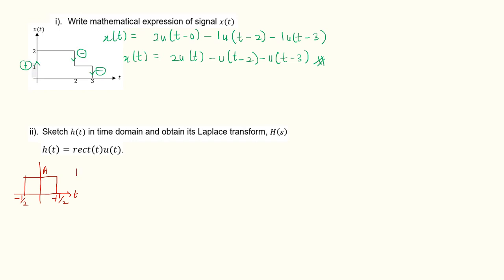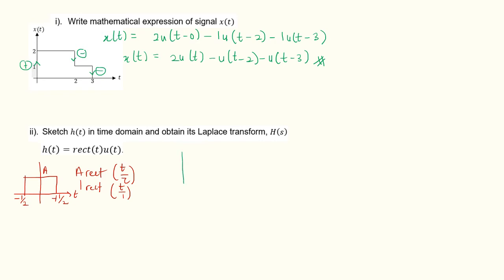So the equation is A rect t over tau, where tau is the width of the rectangle. Compared to the given equation, it's 1 rect t over 1. Therefore the magnitude is 1, and the width tau is 1 as well.